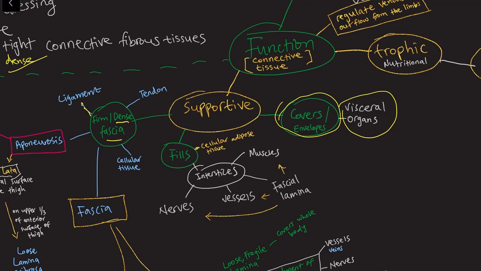But now let us just say that the cellular adipose tissue, which is usually found between the fascias, fills the interstices of muscles, of vessels, of nerves, and this cellular adipose tissue that fills the interstices is usually covered by the lamina facialis. Now, what is lamina facialis? We'll look at that. What is the lamina of the fascia? We will look at that.